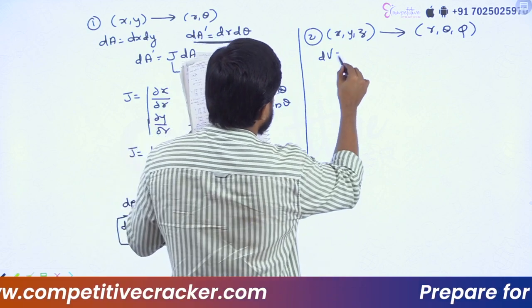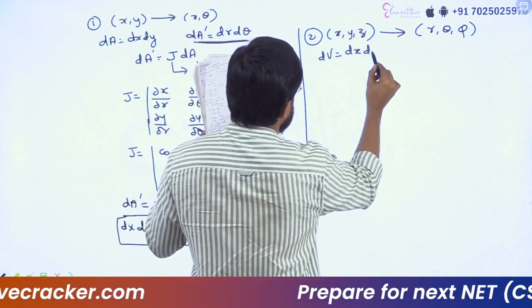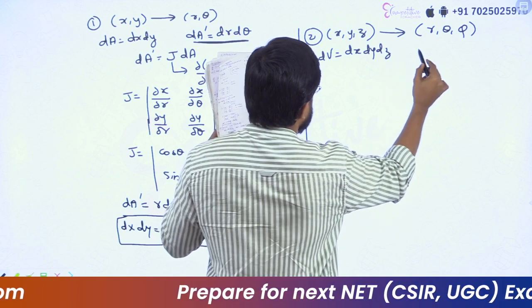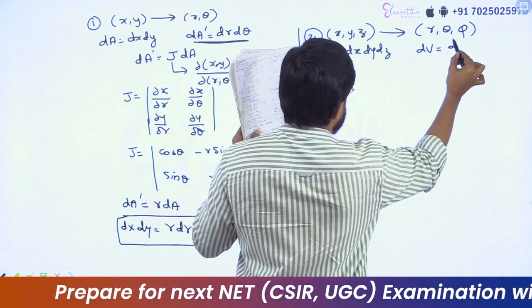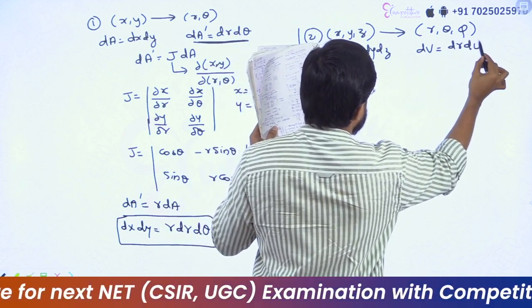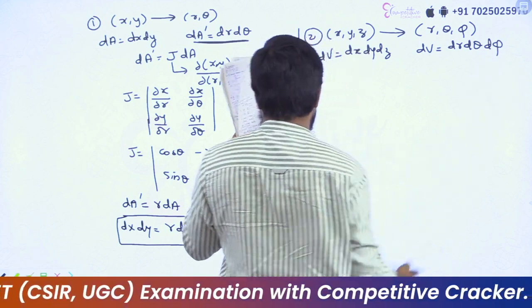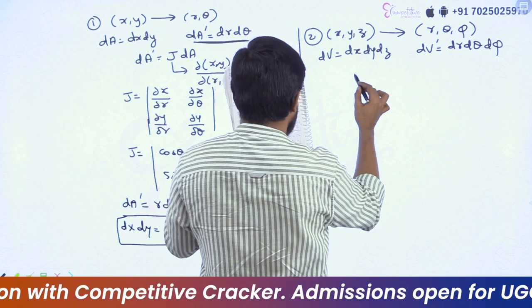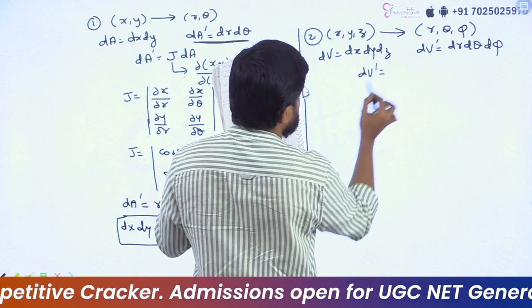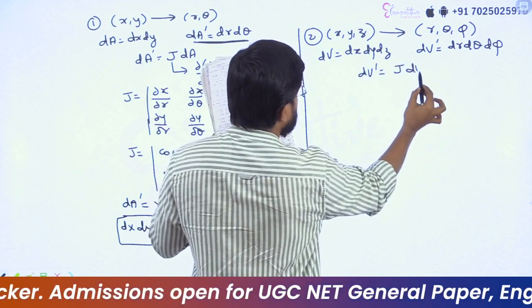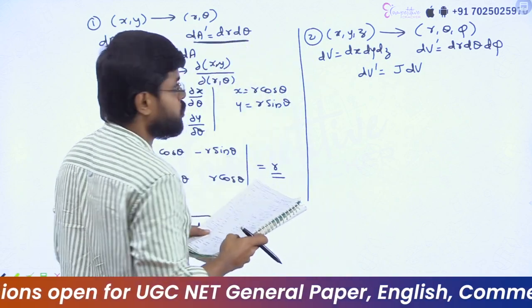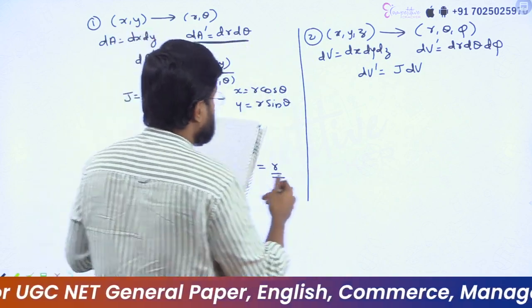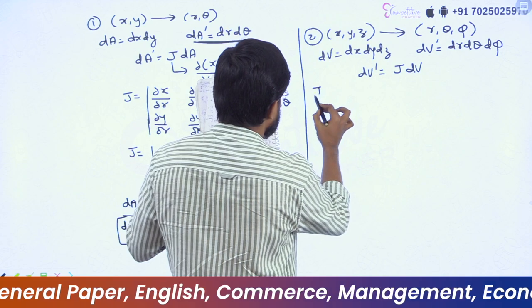So the volume here will be dx dy dz, and we assume that it is dr dθ dφ, dV', and we assume that dV' is equal to J dV.